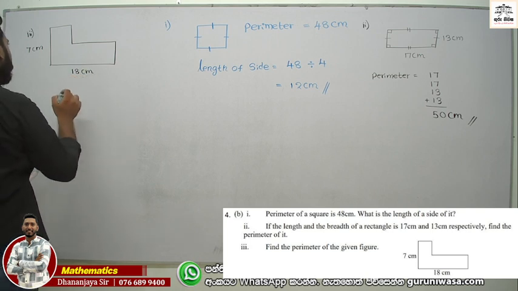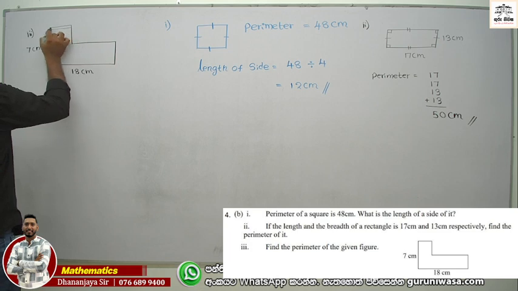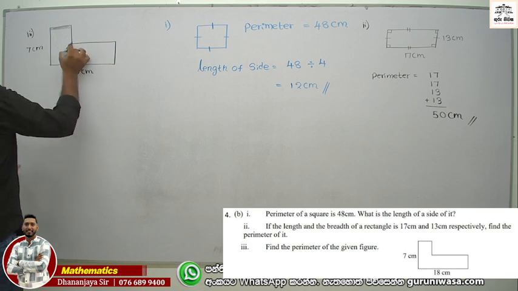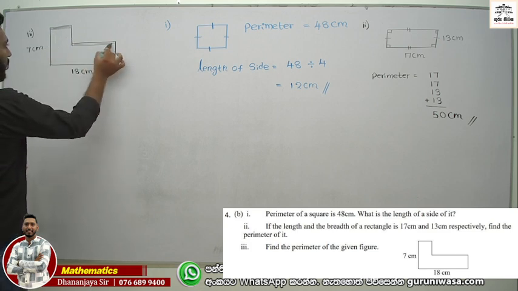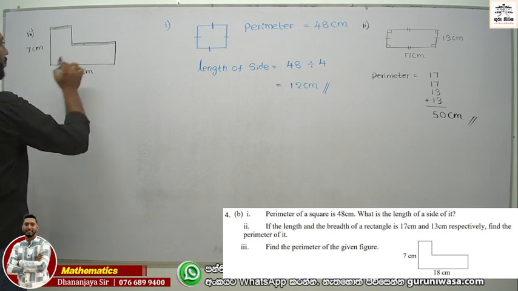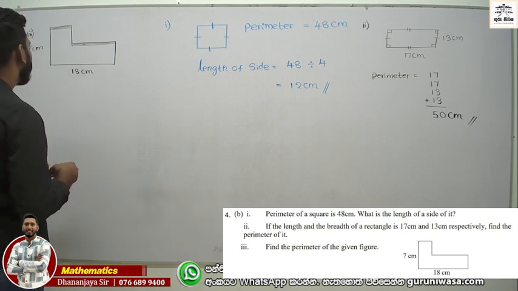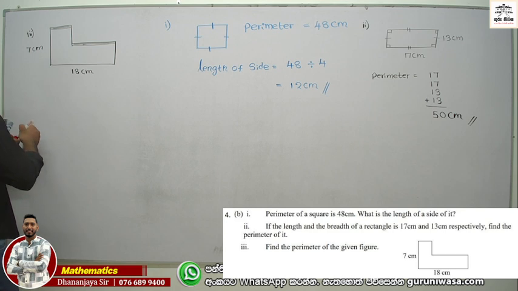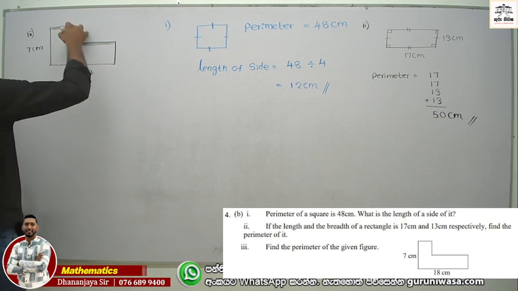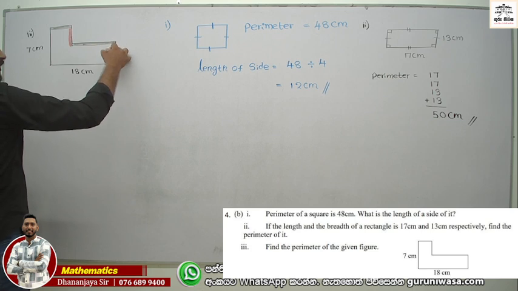And you know, this side and this side, the sum of these two sides should be 18. As well as this side and this side, it should be 7.